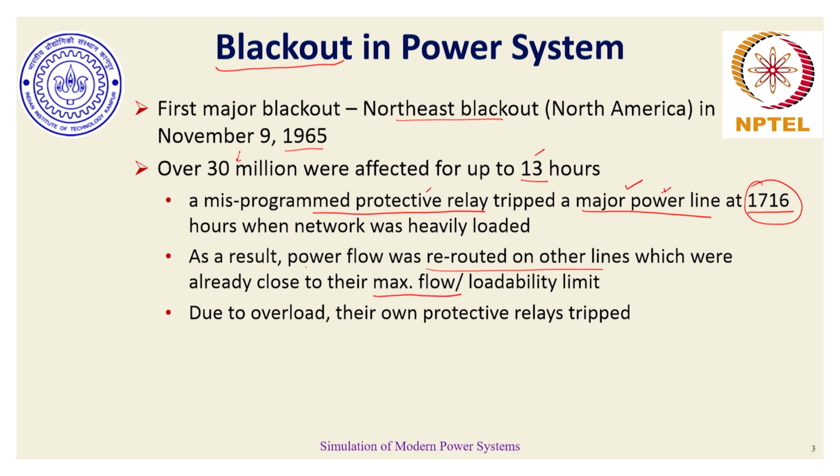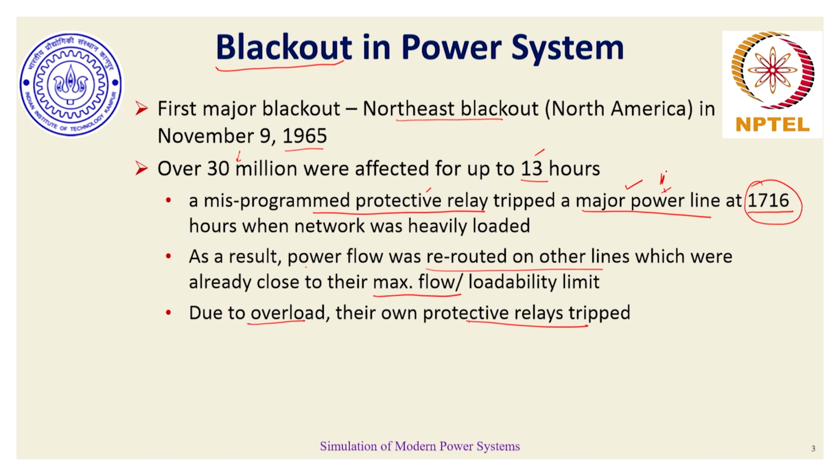And the moment a line starts carrying current close to its maximum loadability limit, line protection systems or tripping schemes come into the picture, because of which the neighboring lines, when they got overloaded, their relays again tripped the lines, and as a result several lines became out of operation because of maloperation of one such line, because other lines were getting loaded.